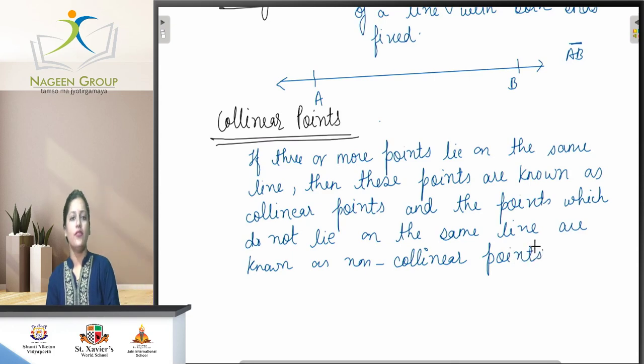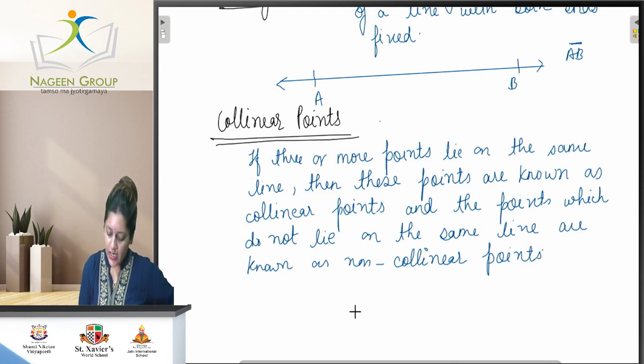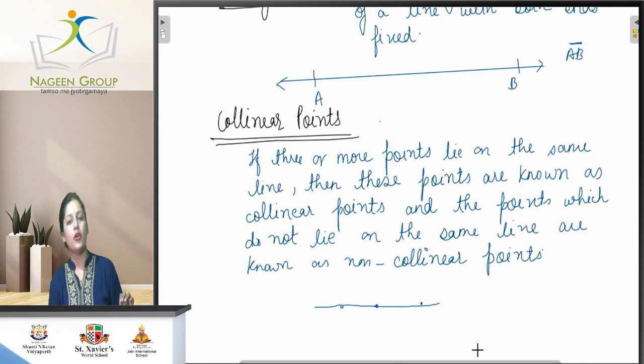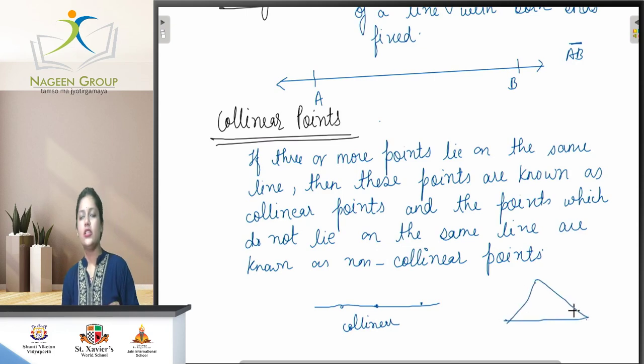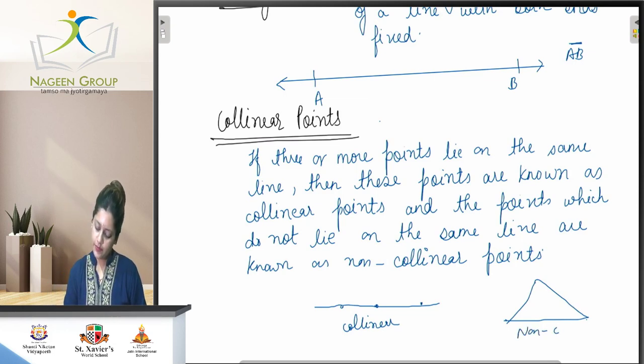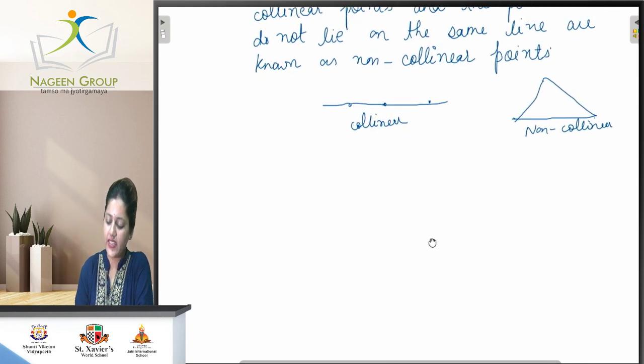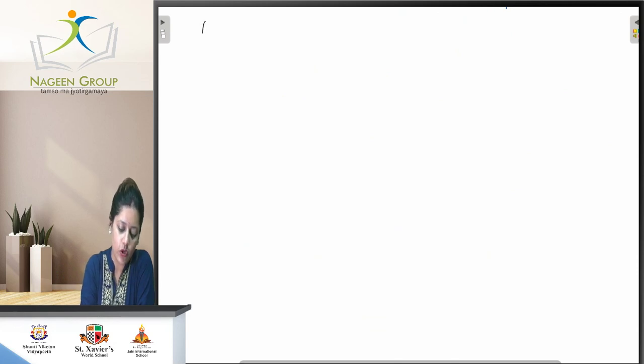Have you understood? If the points lie on the same line, meaning a line can be drawn that passes through all the points, they are known as collinear. Well, if the points are different from each other, meaning they don't lie on one line only, they are known as non-collinear. Understand?